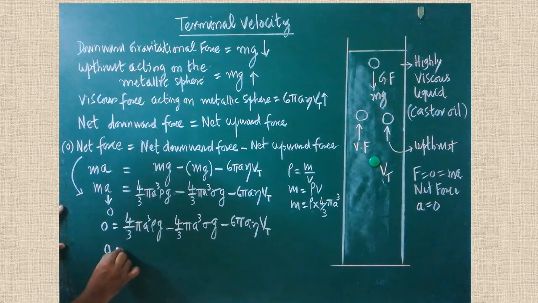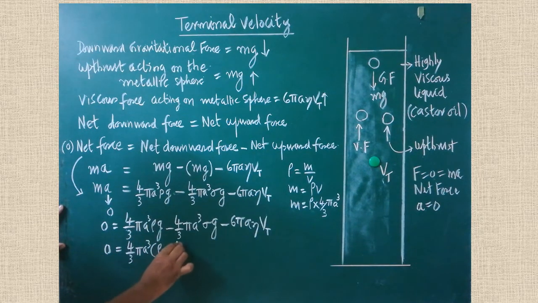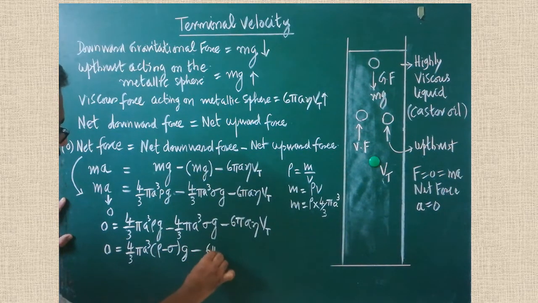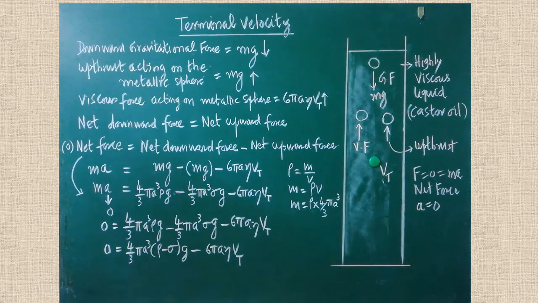How can it be combined? Look at that. 4 by 3 pi a cube, all other factors are common. So rho minus sigma could be written within the bracket, and g can be written outside. So this is the remaining factor, minus of 6 pi a eta vt. Any doubt in this? Now our aim is to find out the expression for which one? vt. Understood?